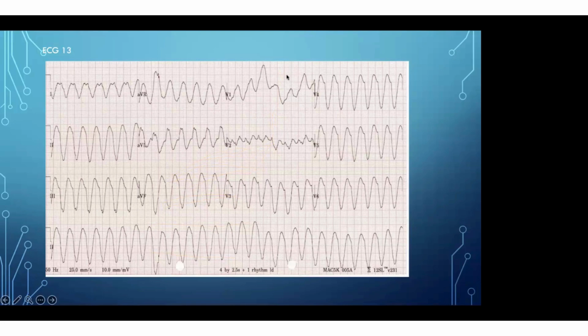There will be only QS or R waves, only positive waves in V1 to V6 or only negative waves in V1 to V6. In a normal heart there will be a transition. V1 will be negative, small negative going on, then around V3 to V4 positive waves start coming, and V5, V6 will be positive QRS. That is the normal transition pattern in a normal heart.